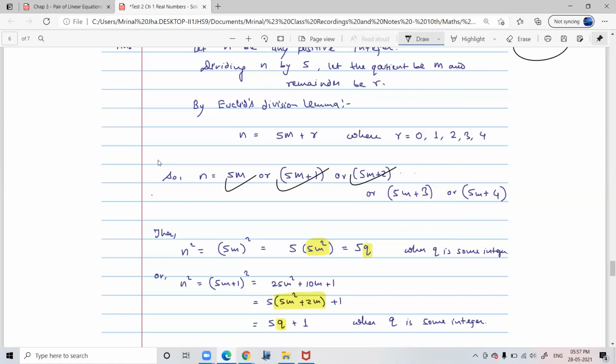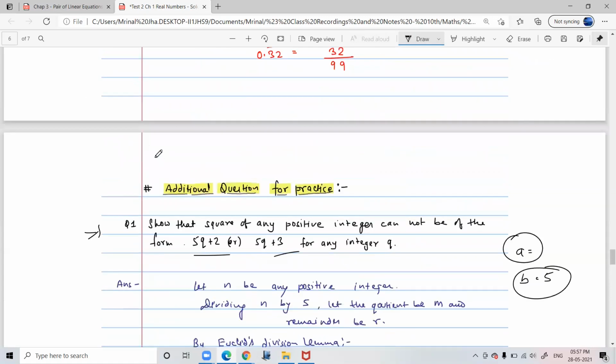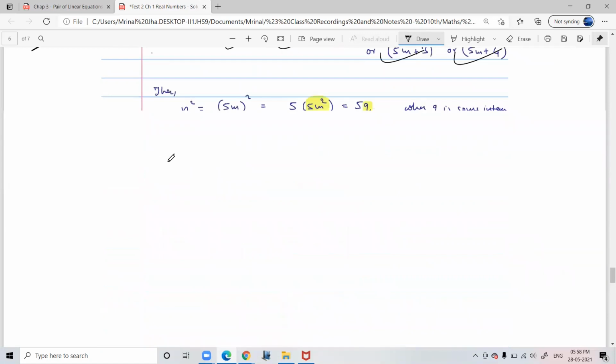So if we are dividing any number by 5, what did we learn? That it can be represented in 5 different ways for different values of r. R will be 0, 1, 2, 3, and 4, right? So these are the 5 ways. I wrote it in all those 5 ways, and then I did the squaring because they asked for the square of that positive number, right? So do the squaring of that number, n square.